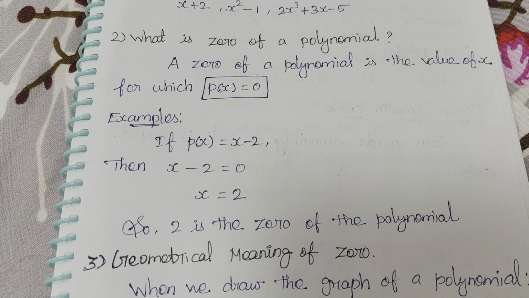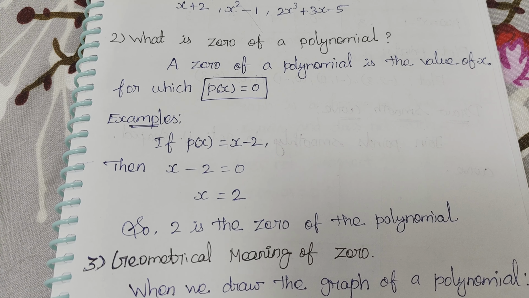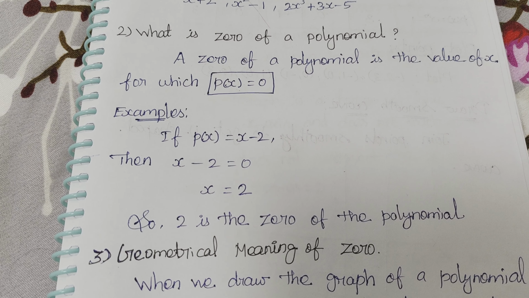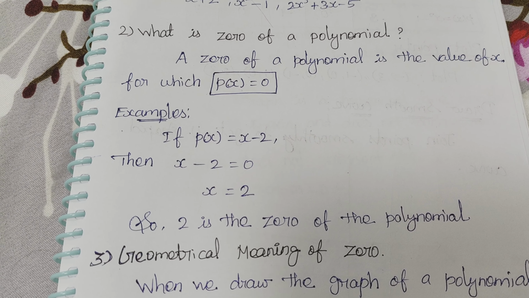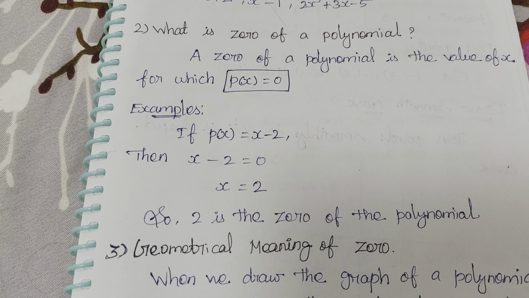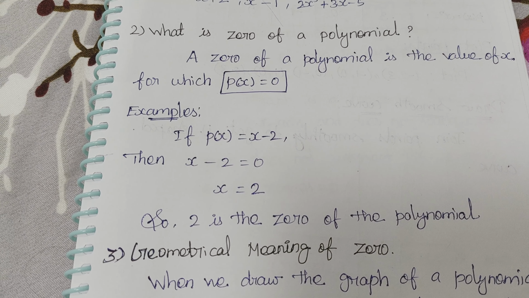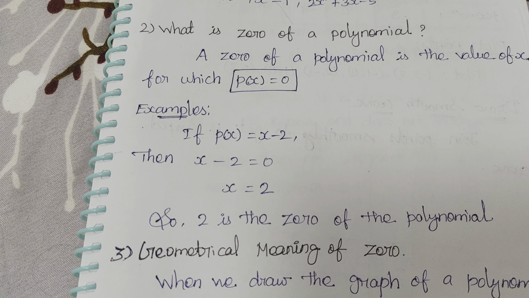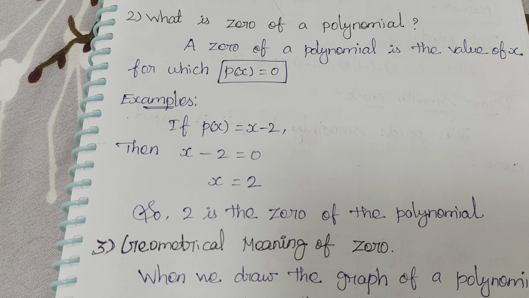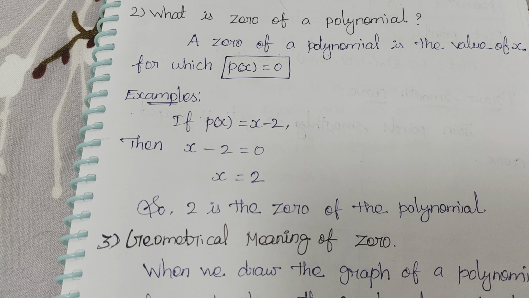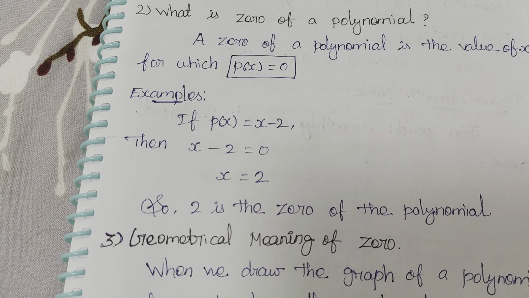To find the zero, we make p of x equal to 0. So we write x minus 2 equal to 0. When we solve this, we get x equal to 2. In simple words, when we put x equal to 2, the whole expression becomes 0.